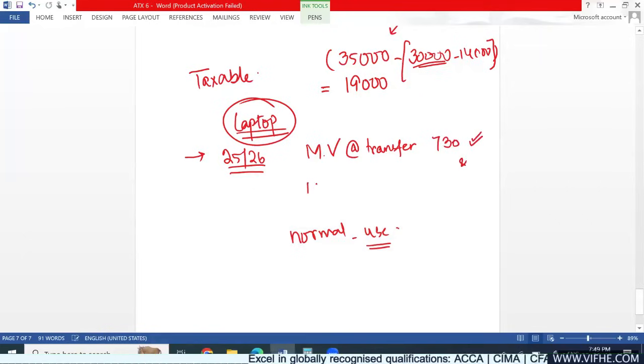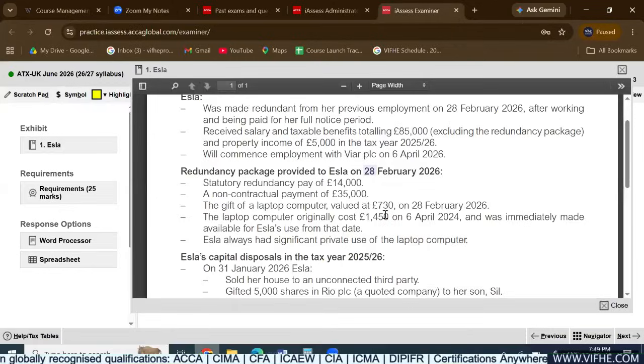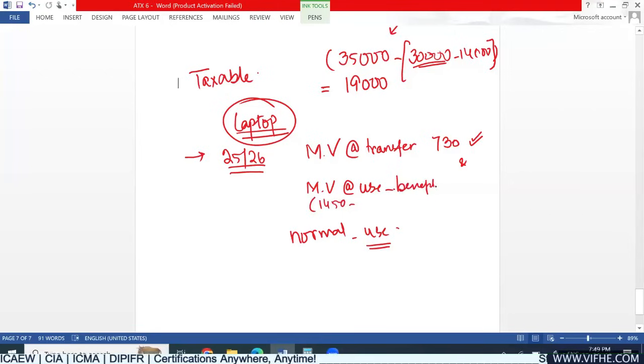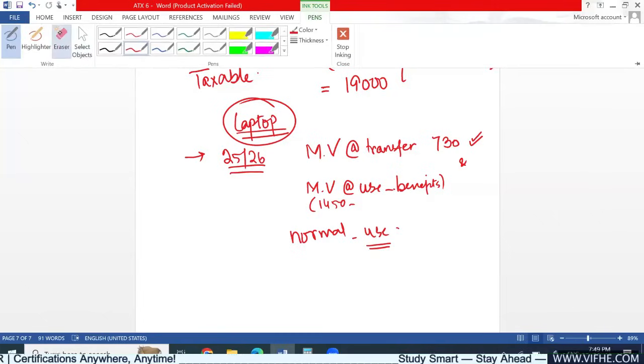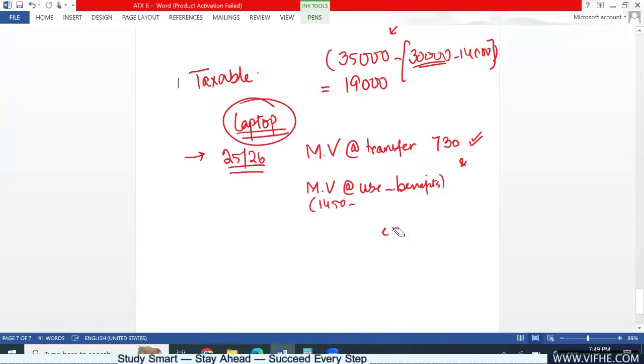And we need to compare this with the cost of the asset when it was given to the employee for first time use, which in this case is 1450 pounds. Then against this 1450, I need to see how many benefits have already been assessed, as this asset was being used by Esla as a normal thing before she left the organization.